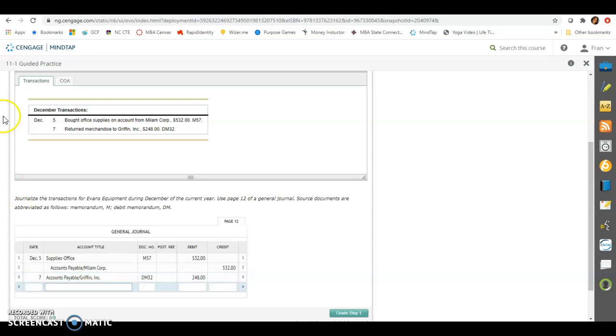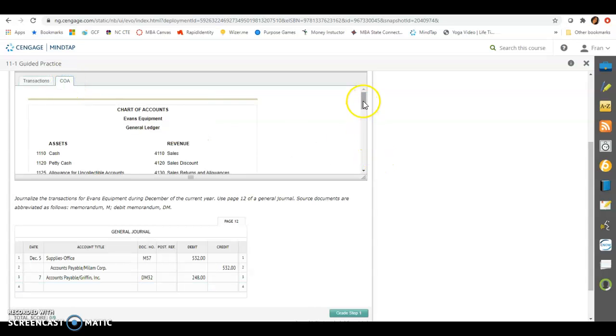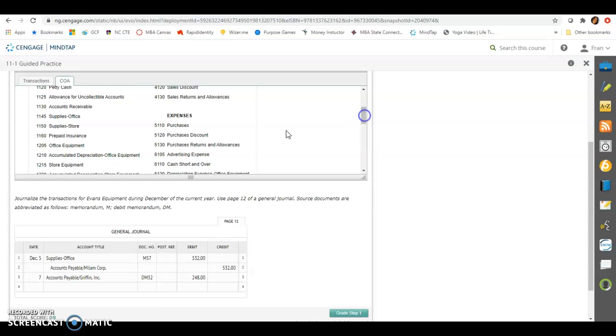And for the returned merchandise, let's see what that account might be in our chart of accounts. Purchases, returns, and allowances. This allows for something that you just returned because it was the wrong thing or the wrong color.